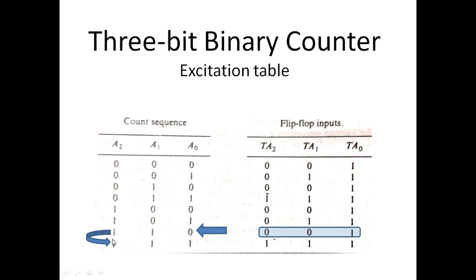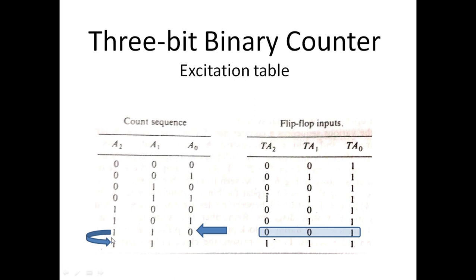So we have to provide 0, 0, 1. Similarly, we have reached the state 1, 1, 1. Now we want the states to be repeated again from 0, 0, 0.